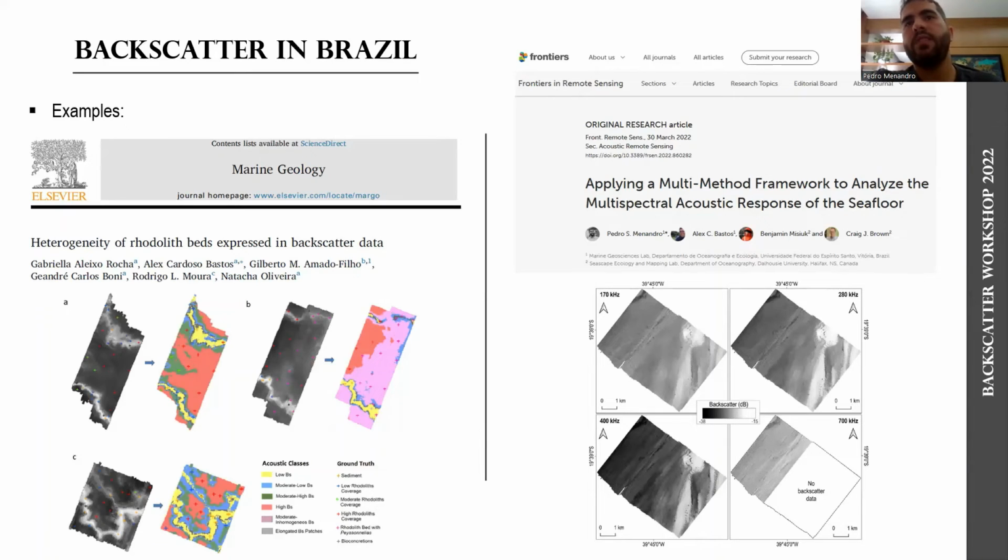And more recently, a paper with the participation of Professor Craig Brown and Ben Misiuk, applying a multi-method framework to analyze multispectral backscatter. Here we first applied a segmentation on the RGB mosaic, and then a density-based clustering with many variables, image-based and angular-based analysis.